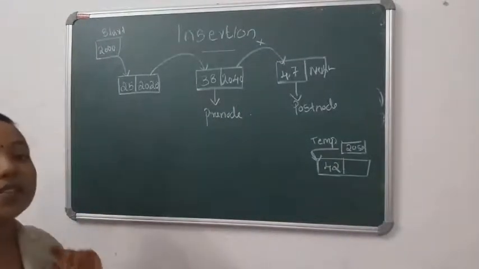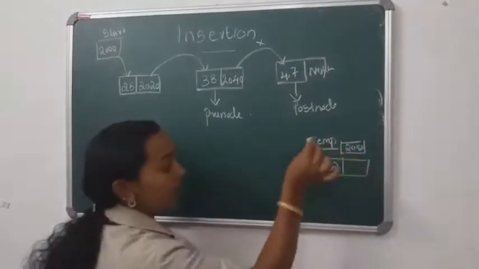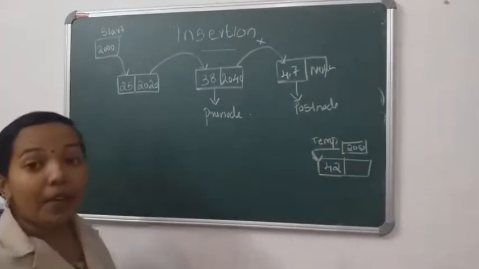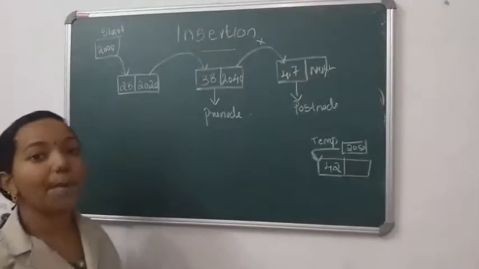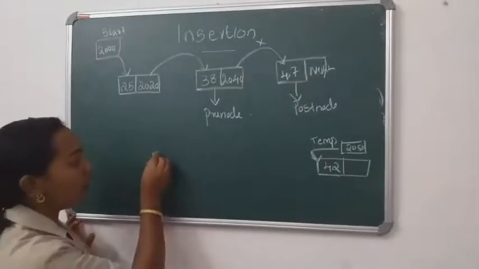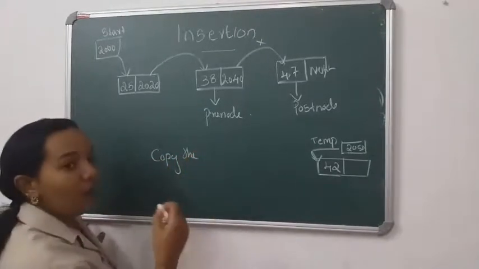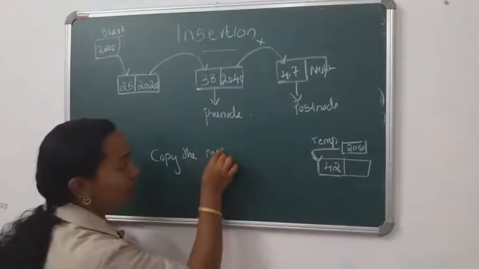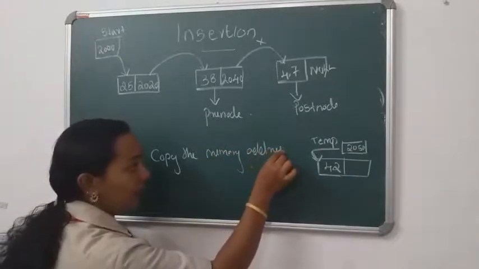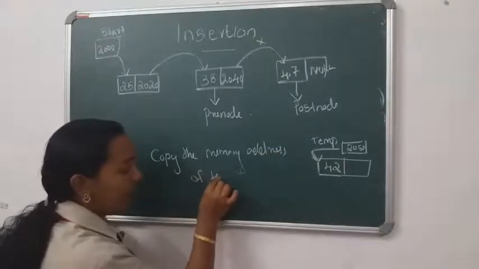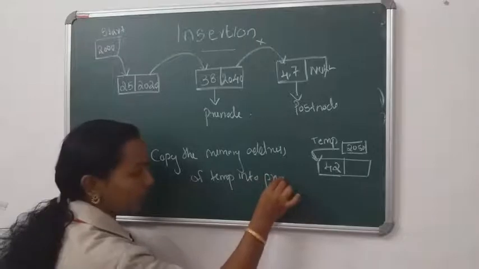So what is the first step? Copy the memory address of temp into the link part of pre-node. What are we copying? The memory address of temp, into pre-node.